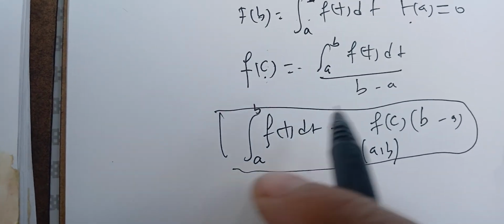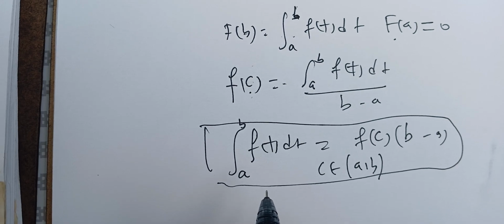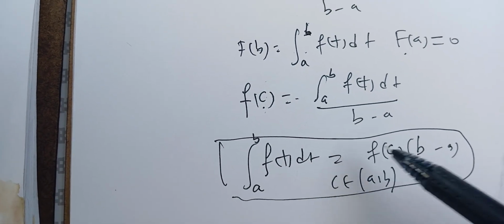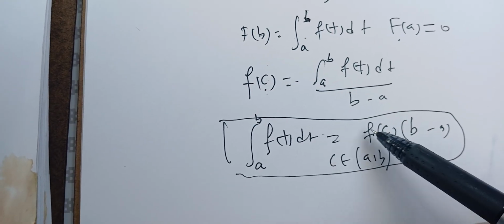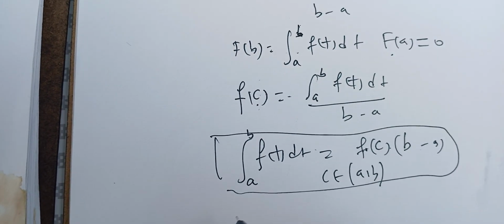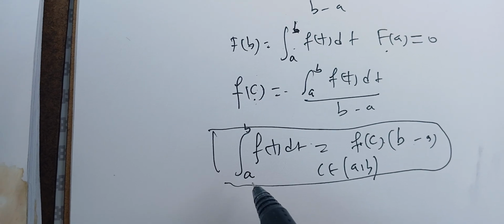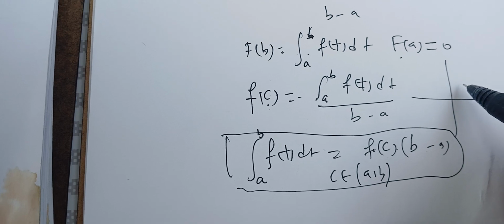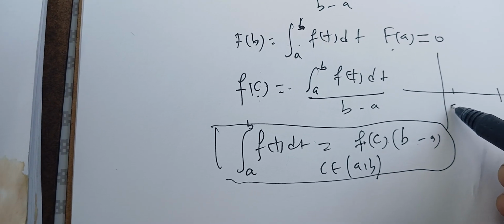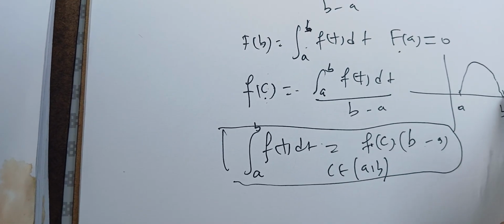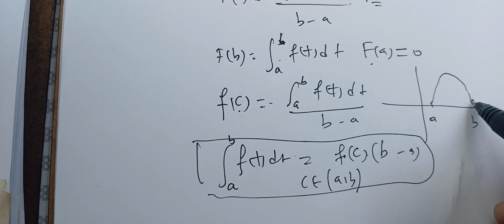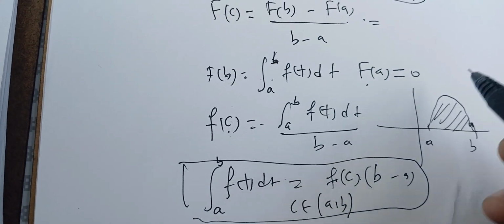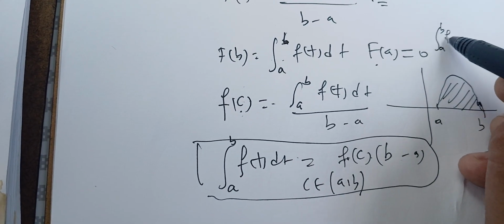with c being in (a, b). So the integral between a and b can be written as the value of f at some c times b minus a. Geometrically speaking, if you think of your [a, b] as this interval, this is my area, the integral between a and b of f of t dt.